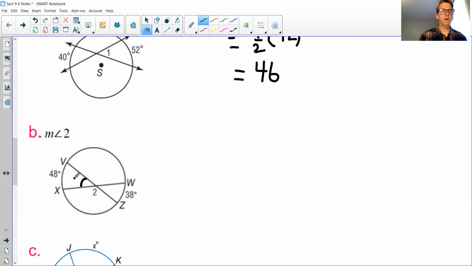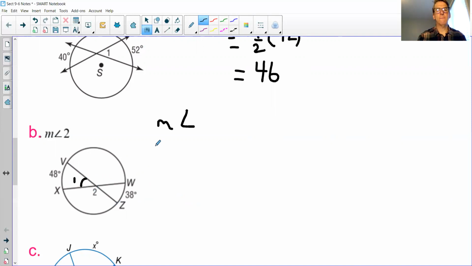We'll call that 1. And then we've got ourselves a straight line here, so we can subtract that from 180 to get our measure 2. So that's how we're going to do this one. We're going to start with this angle, find this angle here, and then we will subtract from 180 to get angle 2. So let's start with that first.